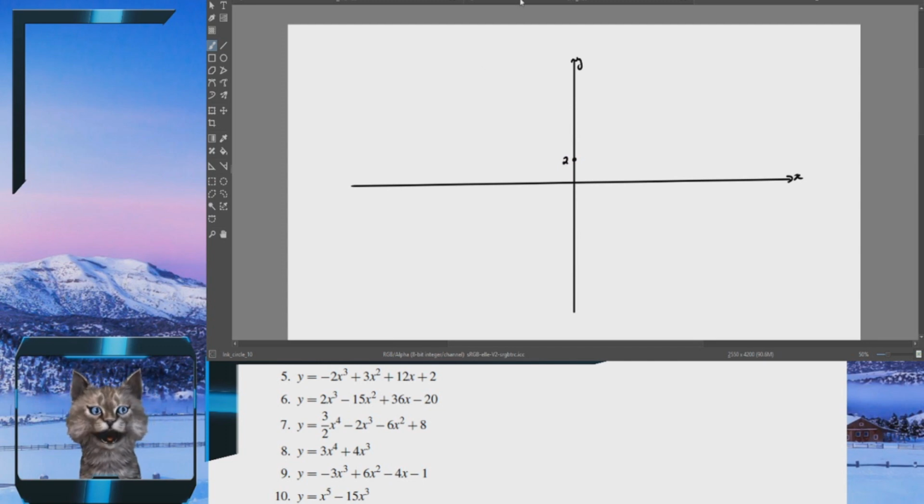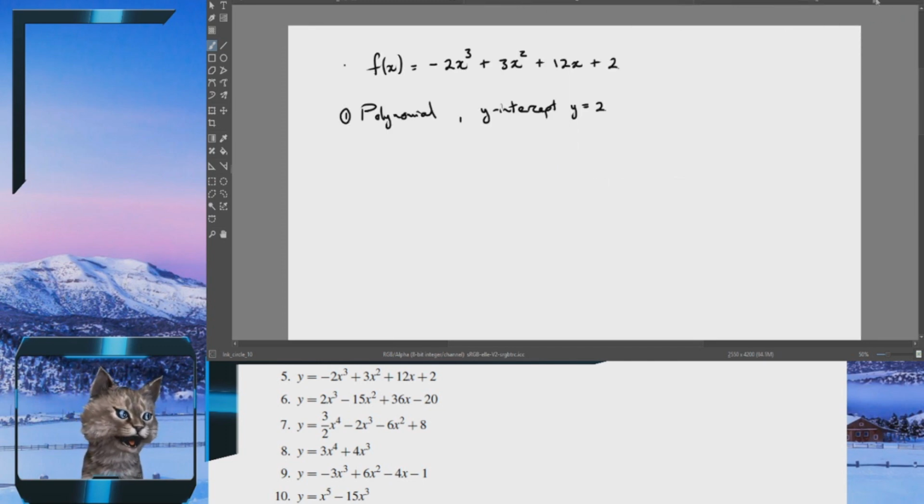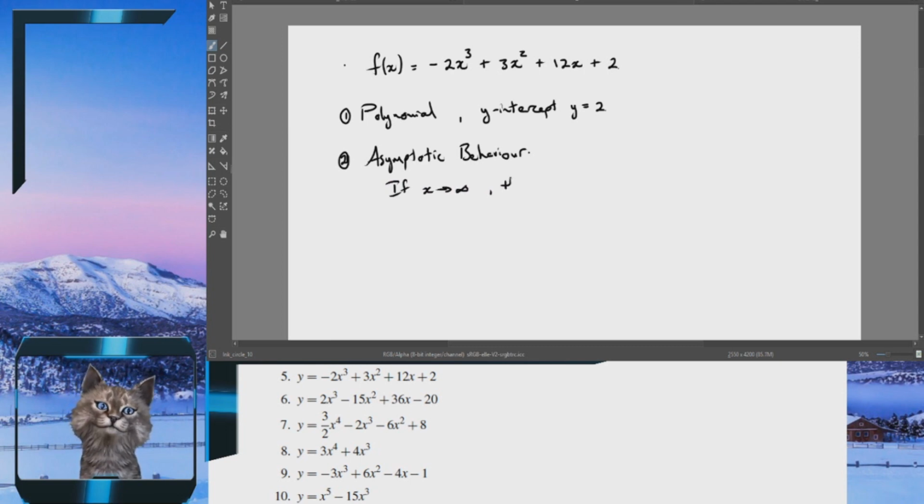Alright. Next is our main step, and because I identified it as a polynomial, I know that there isn't going to be much to do in this asymptotic behavior step. In fact, you might feel that there is pretty much nothing to do. But we can say things like, if x approaches infinity, then what does my function do?